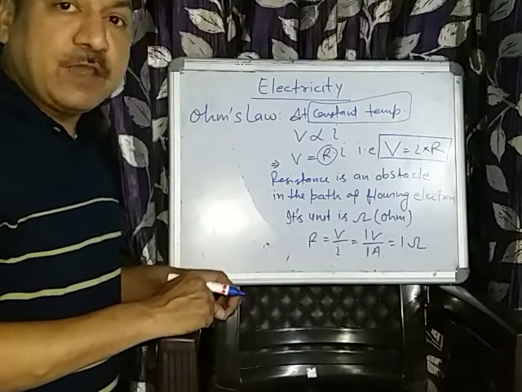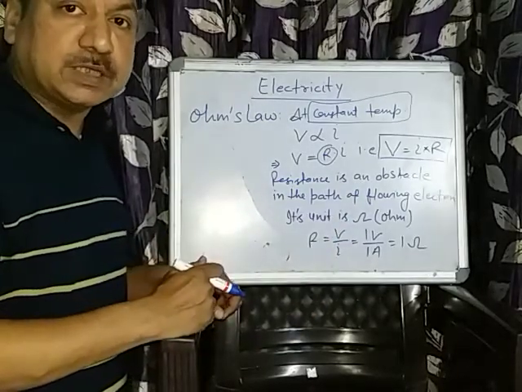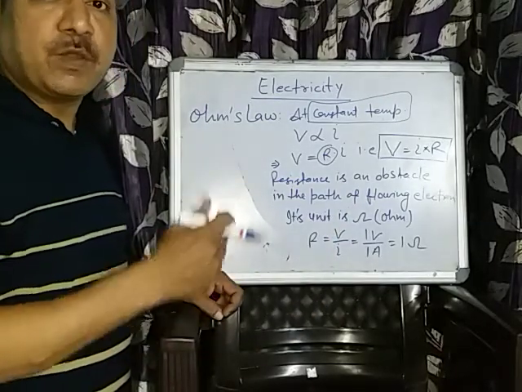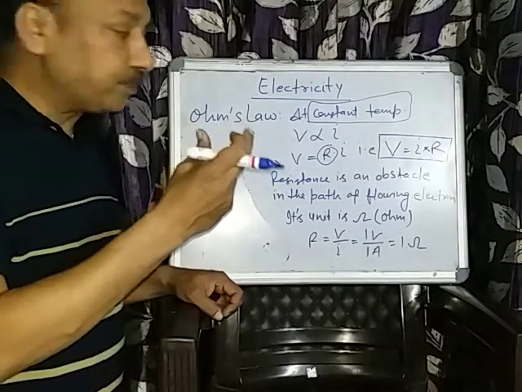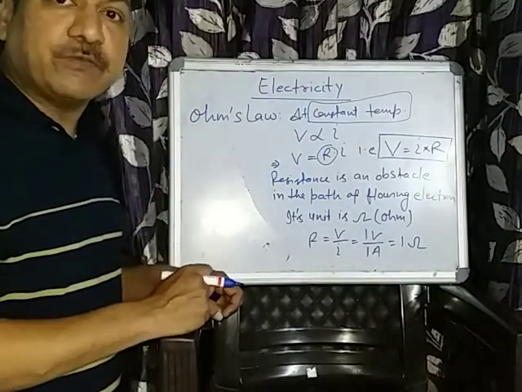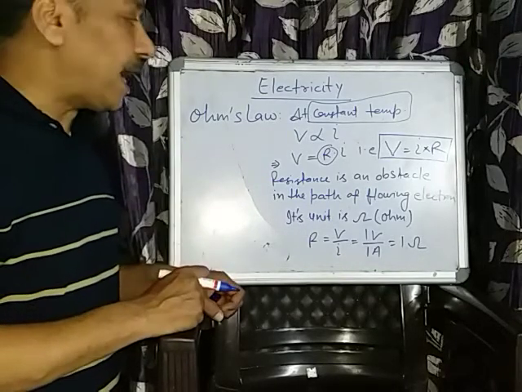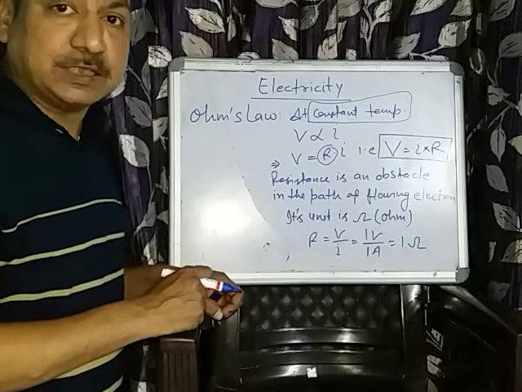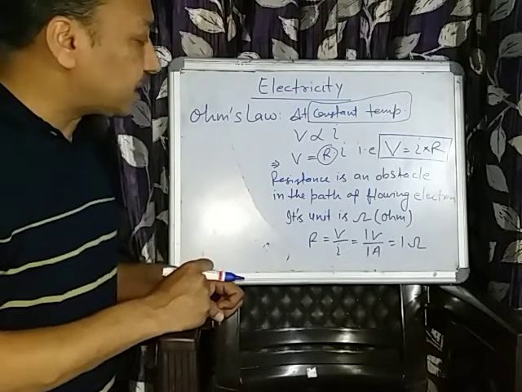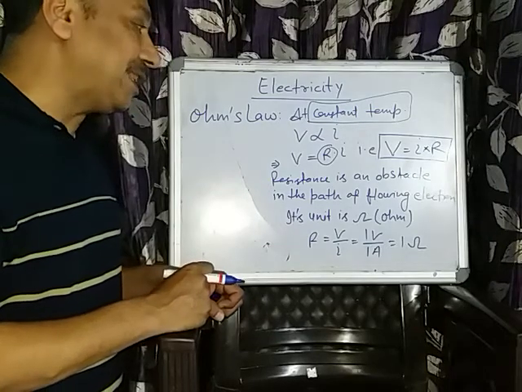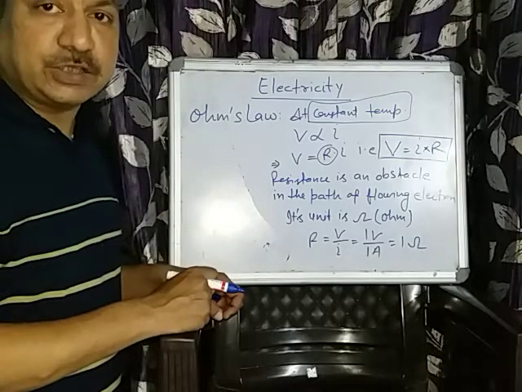In the same way, when the electrons start from the negative terminal and move towards the positive terminal through a wire of resistance R, during that passage they experience a certain friction, electrical friction you may say, and this friction is offered by the atoms of the material. So resistance is an obstacle in the path of flowing electrons. You may also learn it as electrical friction.